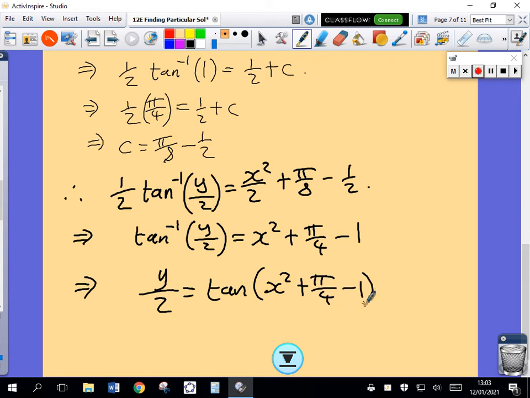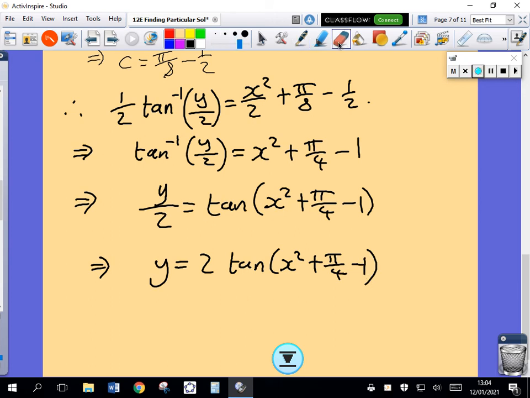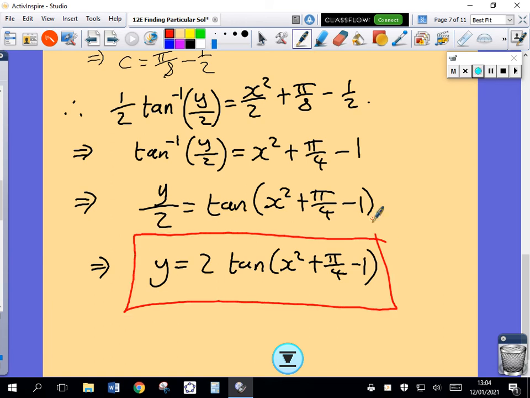And now finally I'm just going to double both sides. So y is equal to twice tan of x squared plus pi over 4 minus 1. Okay. So twice tan of x squared plus pi over 4 minus 1. That's my particular solution to this particular problem.